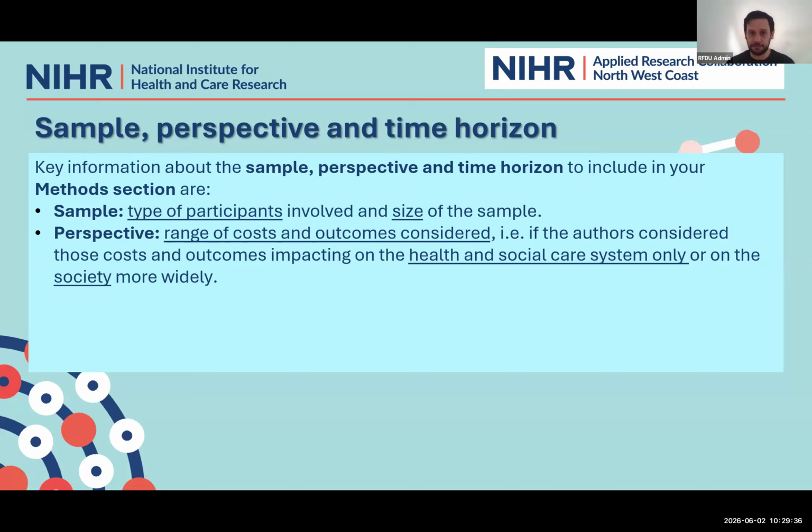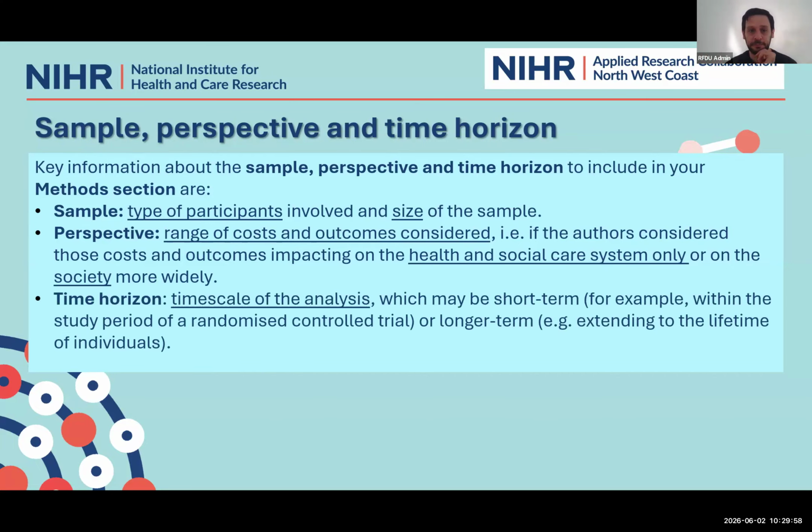We will cover this concept of perspective a bit more in section 3. Similarly, the perspective will change according to whose outcomes you are considering. It might be the outcomes of the patients, but also the caregivers and so on. So there might be a narrow or a wider perspective being taken into account.